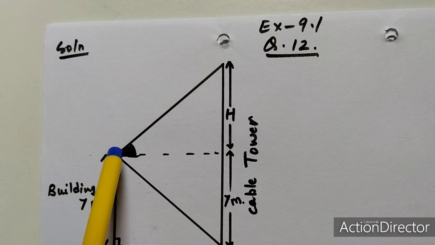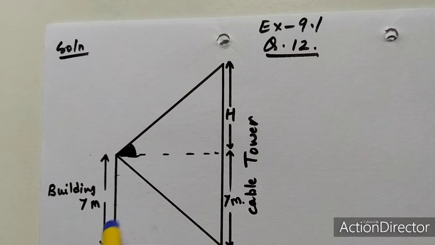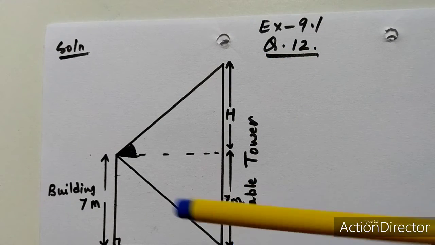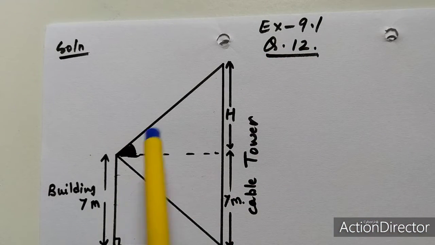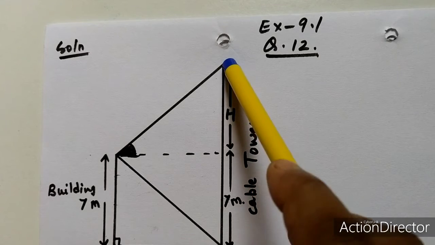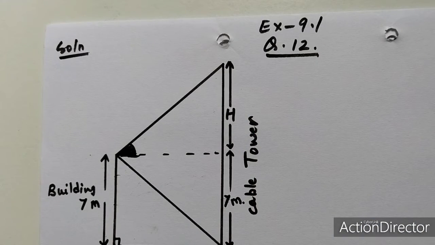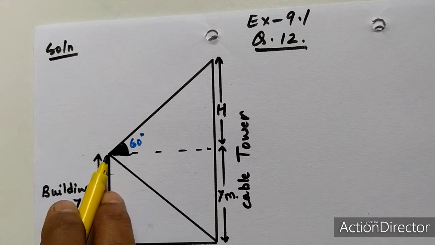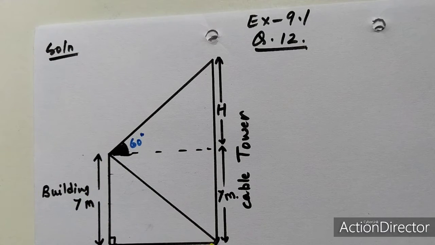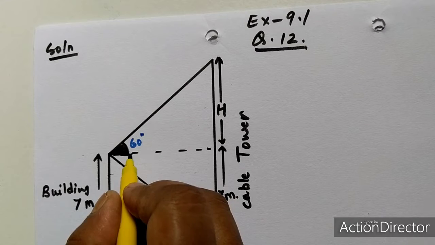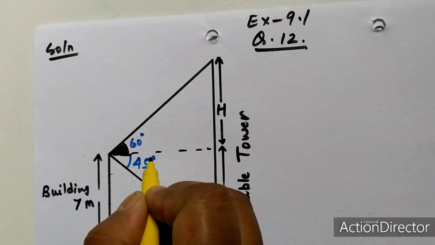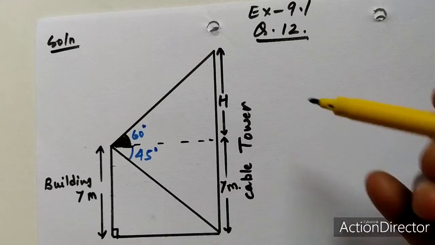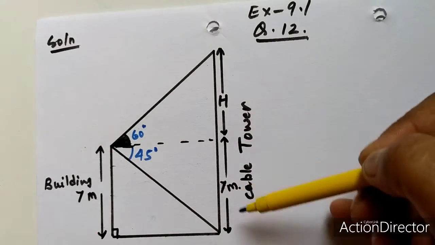They are asking that this is a 7 meter tall building and in front of this one there is one cable tower. From the top of the building, the angle of elevation of the top of the tower is 60 degree and the angle of depression from this point of the foot of the tower is 45 degree. It represents like this. And this height is 7 meter and we have to find out height of this cable tower.